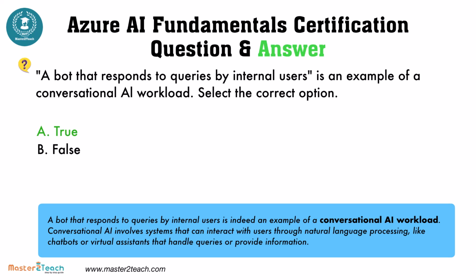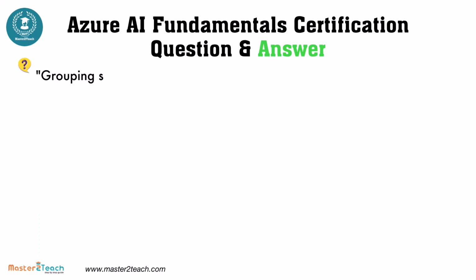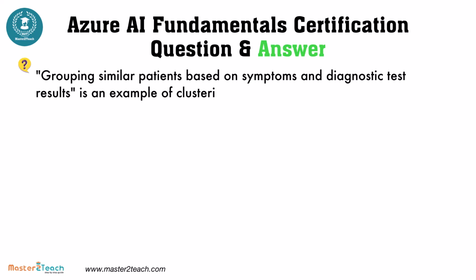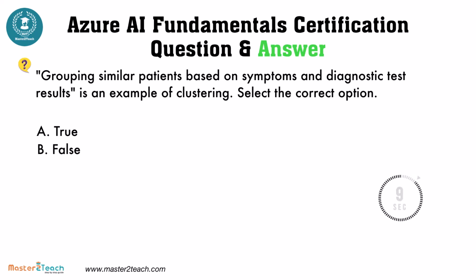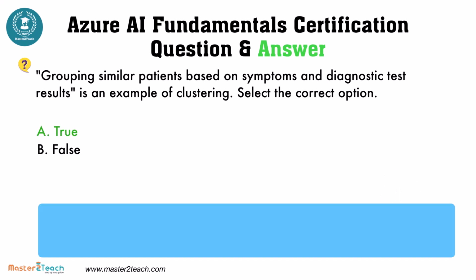queries or provide information. Grouping similar patients based on symptoms and diagnostic test results is an example of clustering. Select the correct option. True or false? The correct option is true.